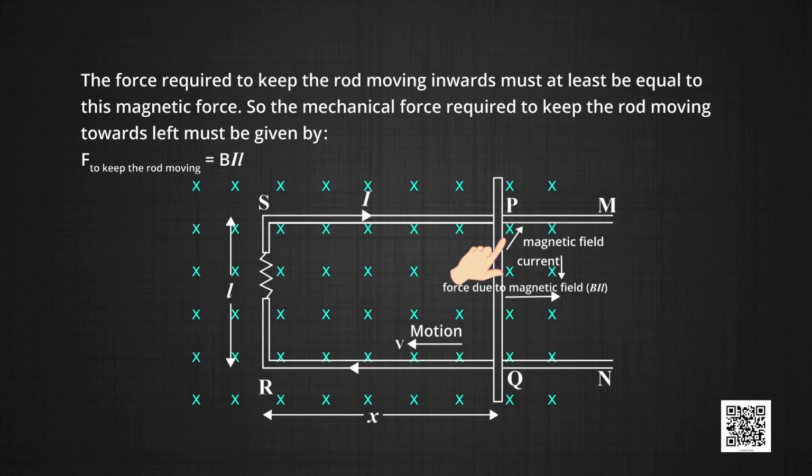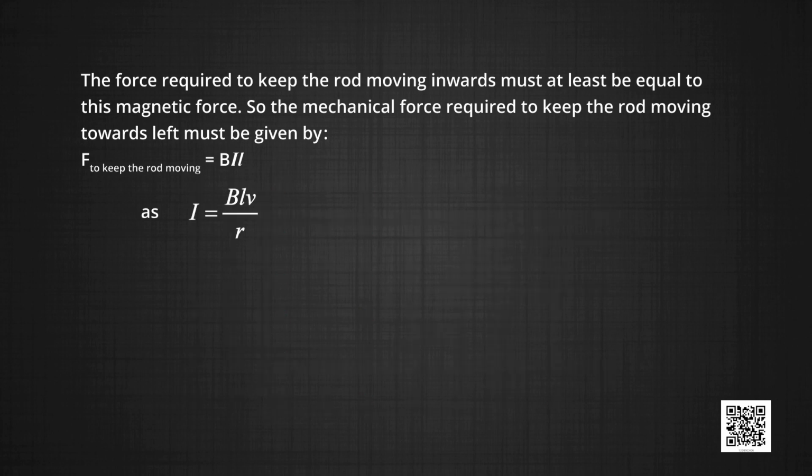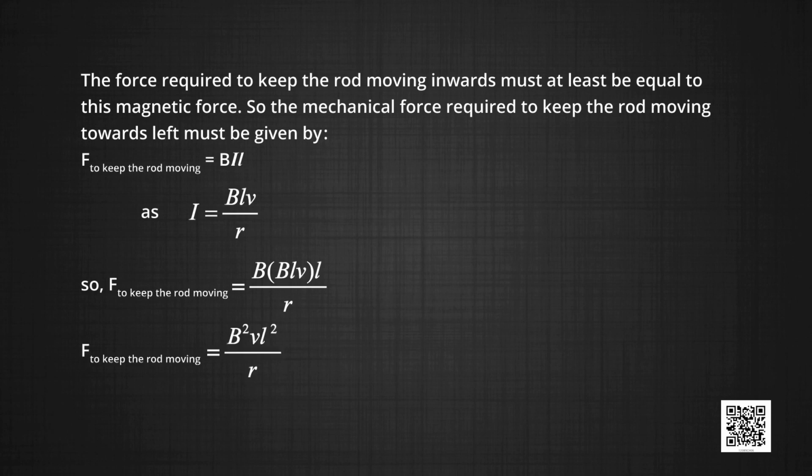From equation 2, we have I equal to BLV by R. So, the force to keep the rod moving must be equal to B, and in place of I we have BLV by R into L. So, the force to keep the rod moving is equal to B square V L square by R. The mechanical power will be given by P equal to F into V. P is equal to B square V L square by R into V. So, we have B square V square L square by R.